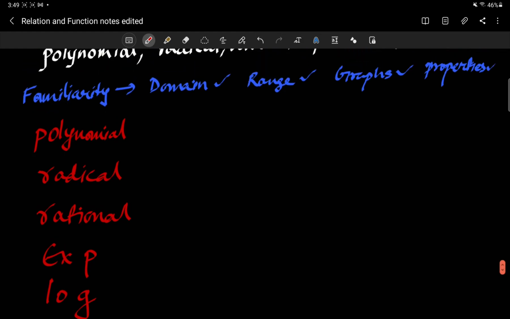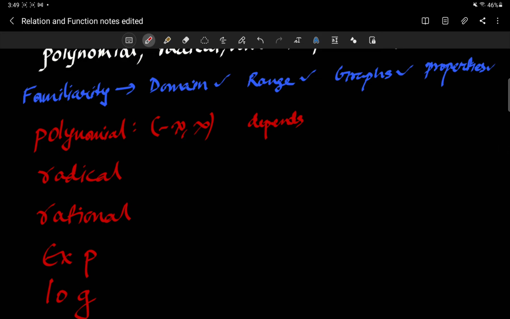Right, so some things are for certain. For example, the domain of a polynomial, you can put anything into a polynomial. Now the range depends on the polynomial. Similarly, for a radical function, the domain depends because you need the expression inside the square root to be positive.